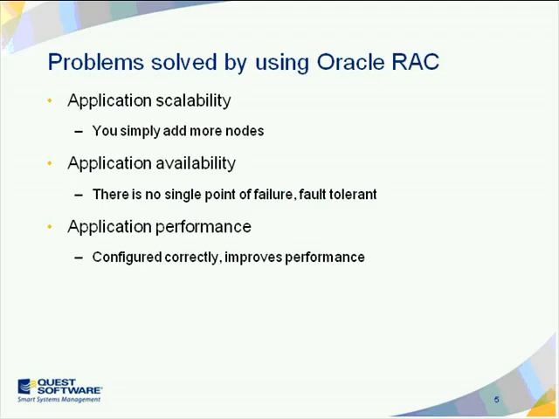But nonetheless, it's a great way of scaling an application. The other one, as already mentioned, is much better application availability, because instead of having a single point of failure, should one of those nodes go down, you just fail over to the remaining nodes. So you spread the resources across the remaining parts of the cluster.